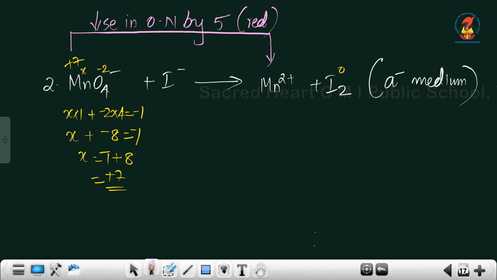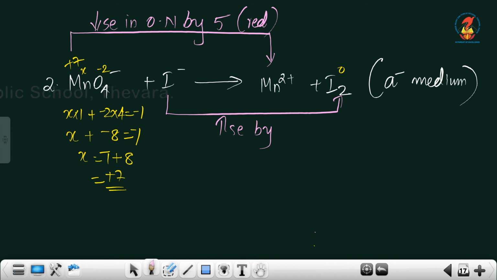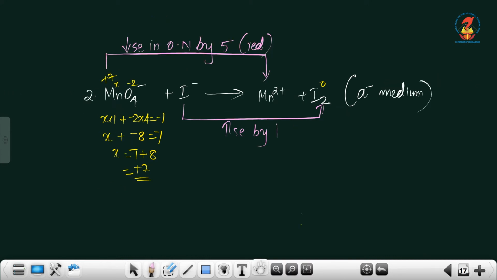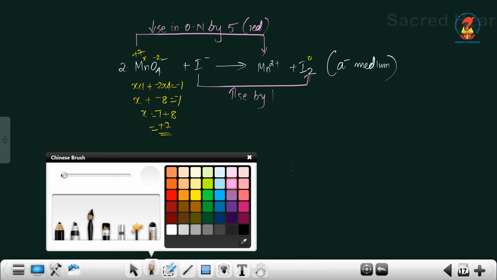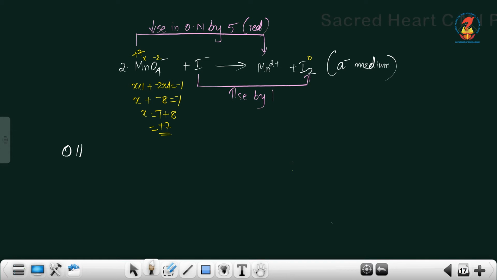Now oxygen, on the right hand side there is no oxygen to compare. Now we have to compare only iodine. Iodine here we have -1 and here it is 0. -1 to 0 means an increase by 1, isn't it? Now split these into the oxidation half reaction and the reduction half reaction.